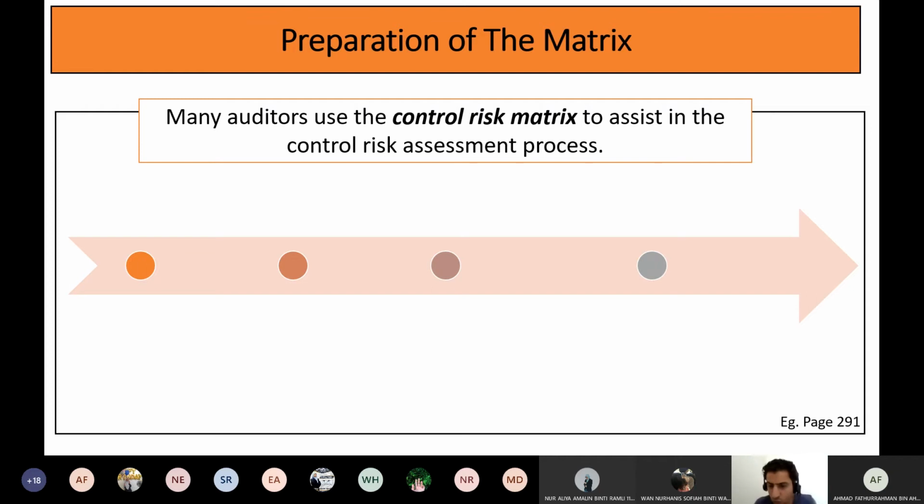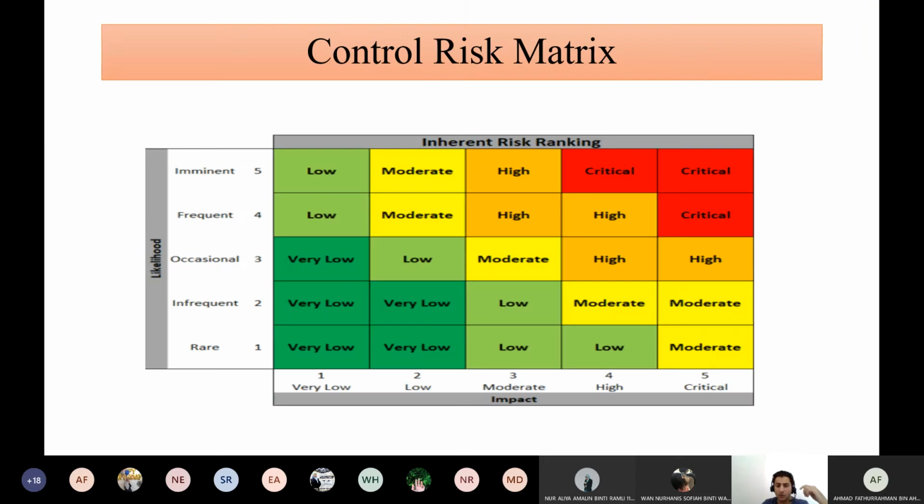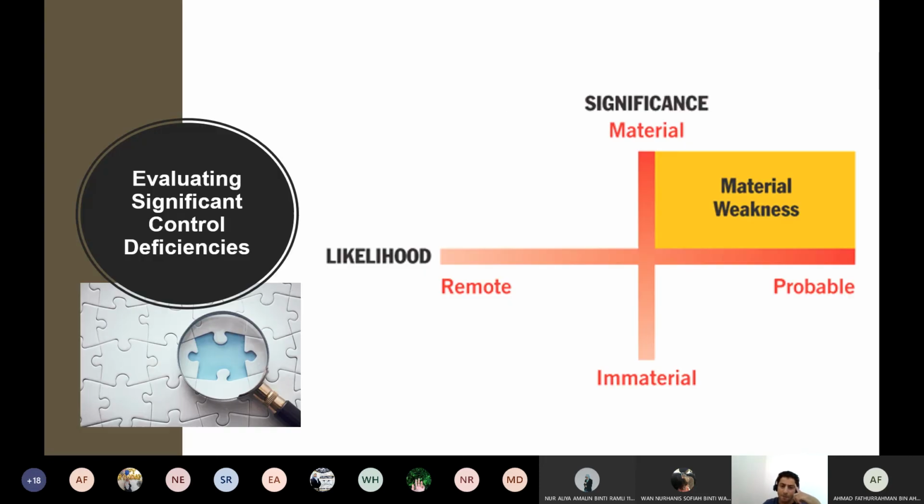We also need to identify how significant these deficiencies are and how material these weaknesses are to the financial statements. If they are significant and material, then the auditor will consider it high risk. We will discuss this shortly.